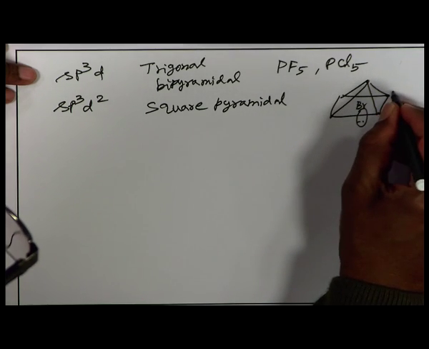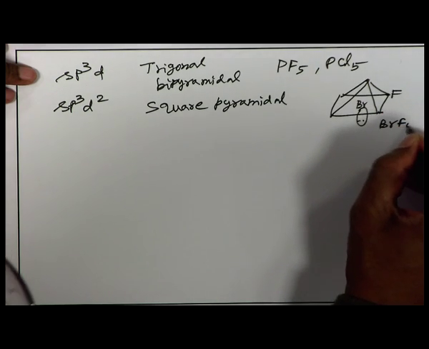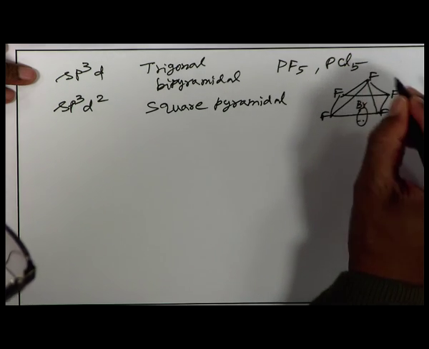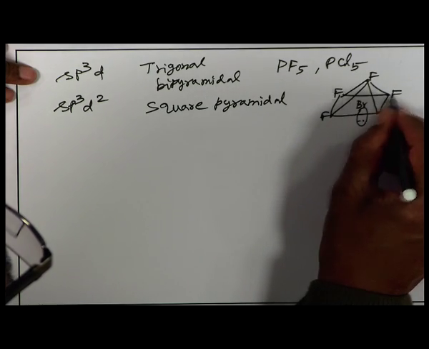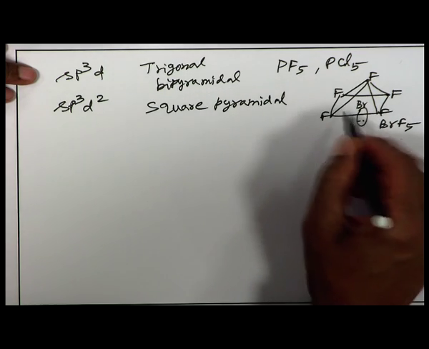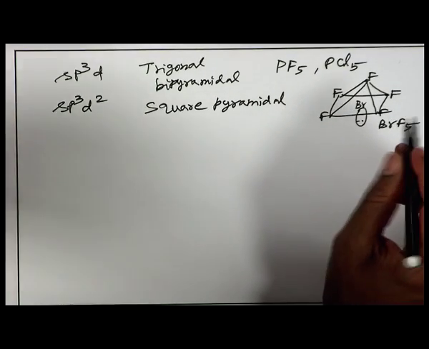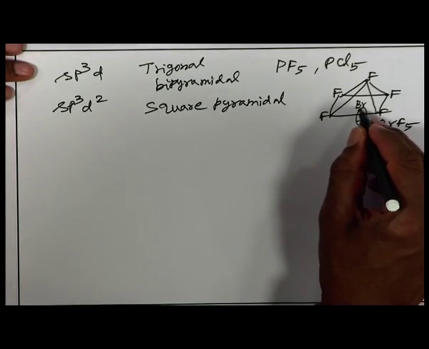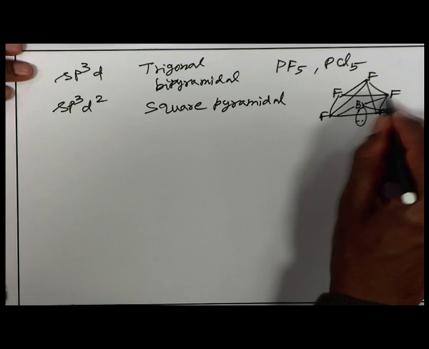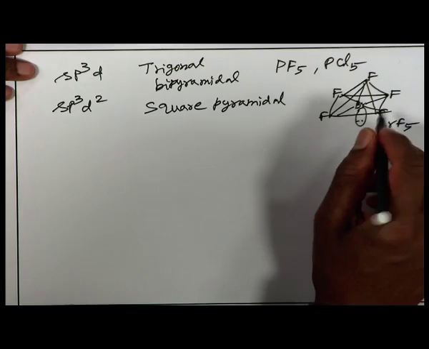Here is a fluorine, here is a fluorine, here is a fluorine, here is a fluorine, and there is no bond between two fluorine atoms, but to show the shape of the square pyramid I drew lines between each pair. There is a lone pair here, and there is a bond here, a bond, a bond, and a bond. So the shape of the molecule is square pyramidal.